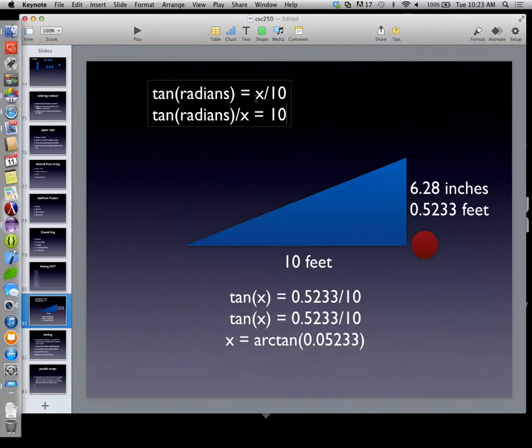I divided both sides. The x's on the right cancel out. Now we have tangent over radians here. So we can calculate tangent over radians. That's a real number, correct? Well, how do I get that by itself? How do I get an x equals out of this?